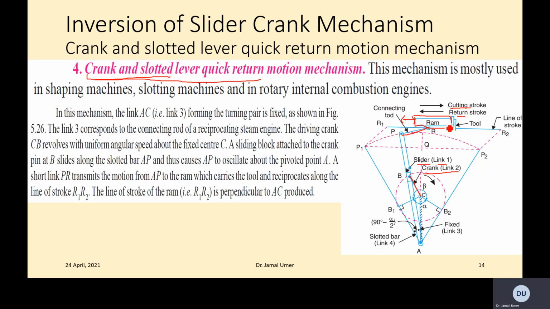That's why this tool here is basically a shaping tool. It moves forward and reverse, which helps in cutting. It goes slowly in the forward stroke and returns quickly, so it's a quick return mechanism. So we have a crank and slotted lever with a quick return motion here.